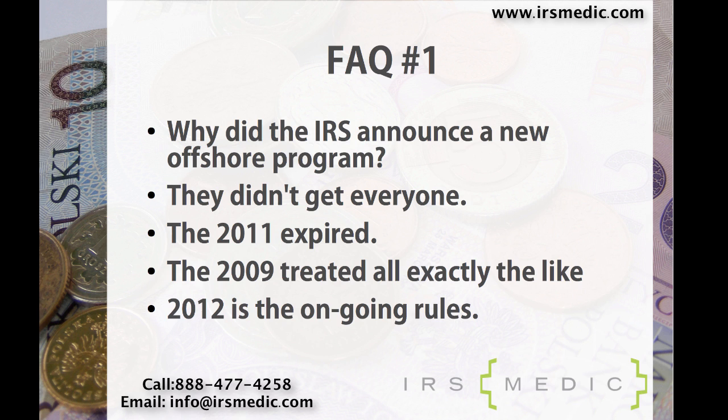The 2011 program expired, and the 2009 program treated taxpayers all the same. That is, it didn't matter whether you made a mistake or you were doing it intentionally. There was one standard penalty for everybody. 2012 is the ongoing rules, and that's what we're talking about today. Even though it's 2014, we go by the 2012 initiative.